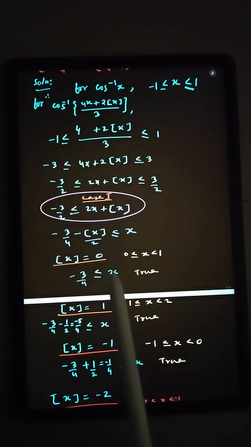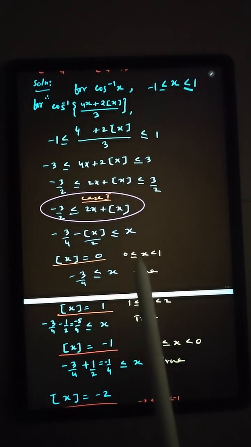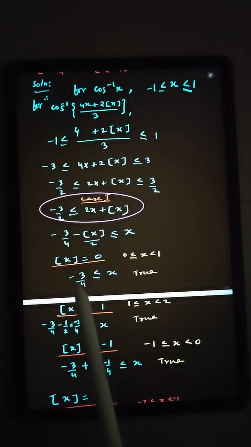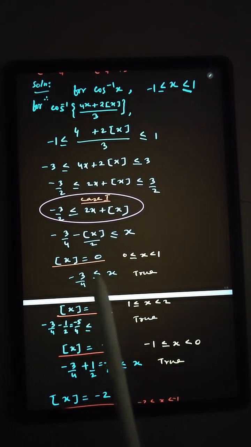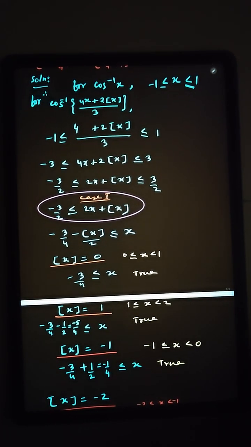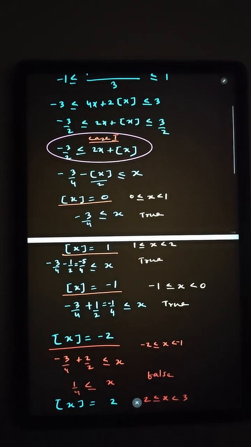I am not dealing with x itself, I have just used this interval, any number between this. So this is a positive number and -3/4 is a negative number, so a negative number will be less than or equal to a positive number. This relation is true, so we take this interval into consideration.